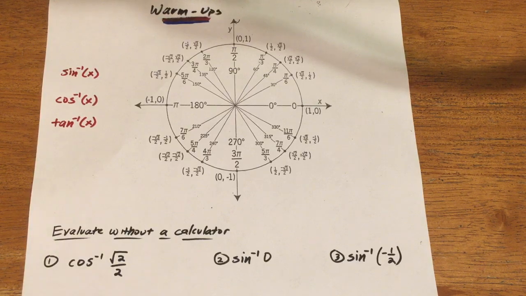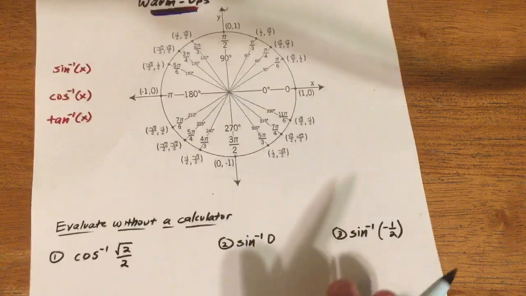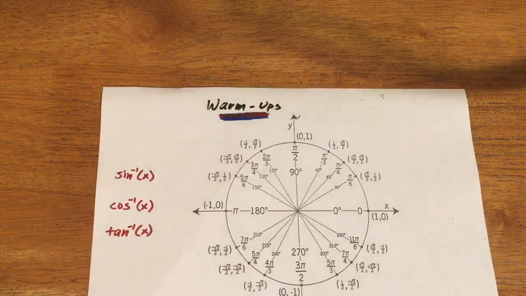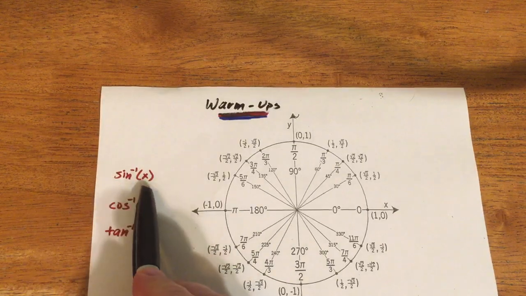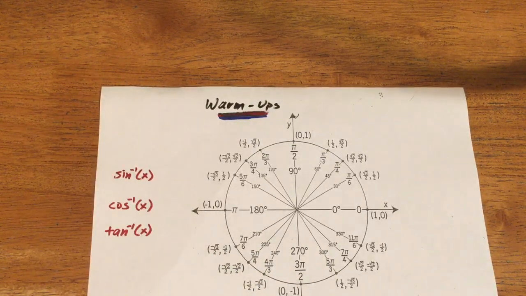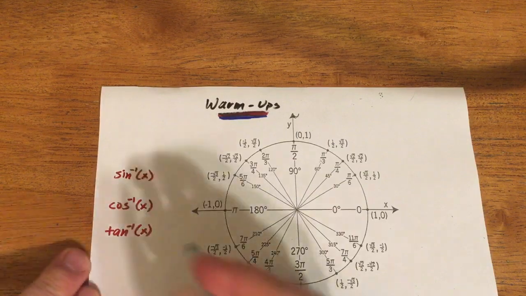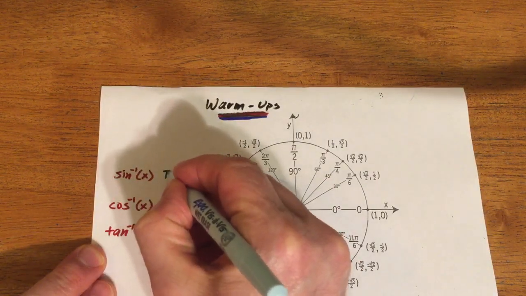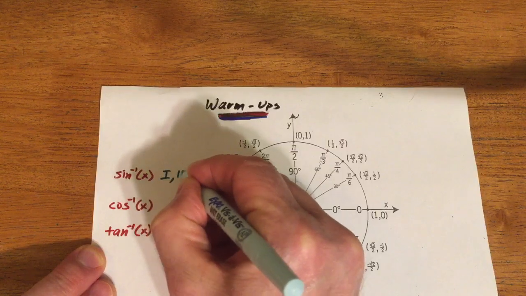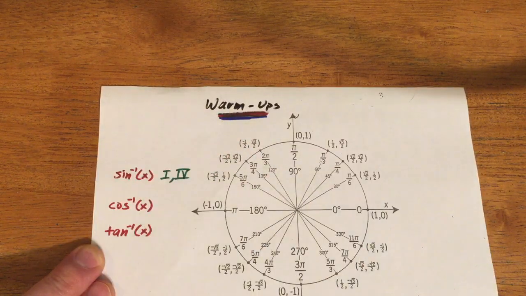First thing right here that we want to do very briefly is just review our quadrants. Anytime we're dealing with sine inverse or arcsine, what we know is that our answer is going to end up being in either quadrant 1 or quadrant 4. That's where we should look.